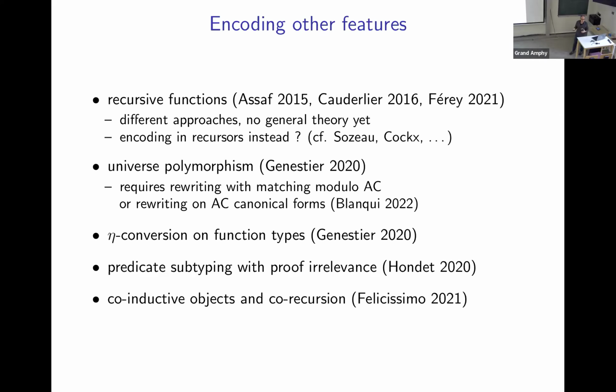We have rewriting, so we can represent computations that are done in the source system using rewriting in the lambda pi calculus with rewriting. But there are many different ways to do this, and currently we don't have a nice general theory for this.